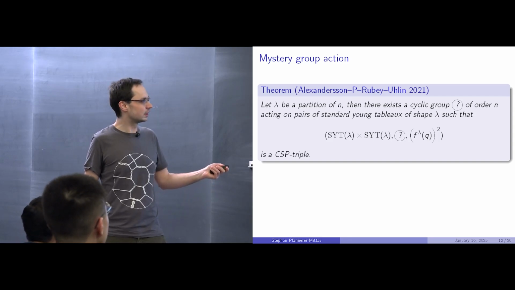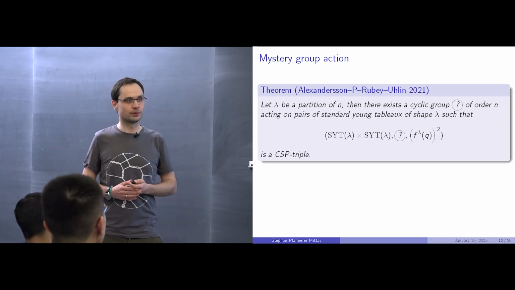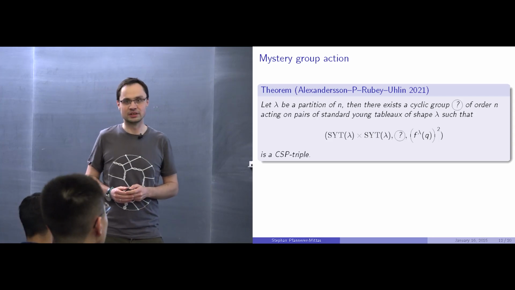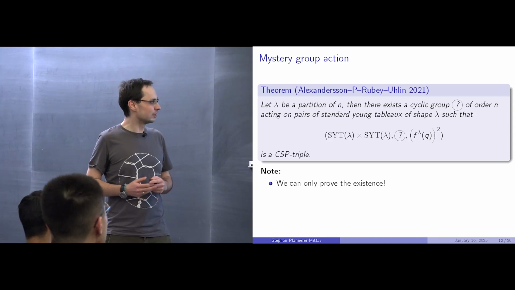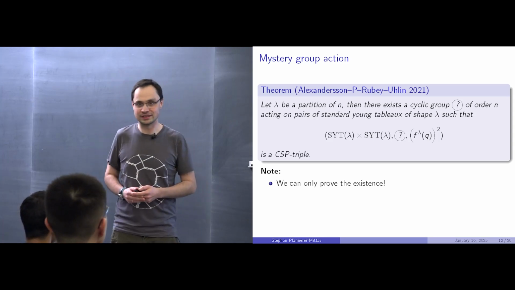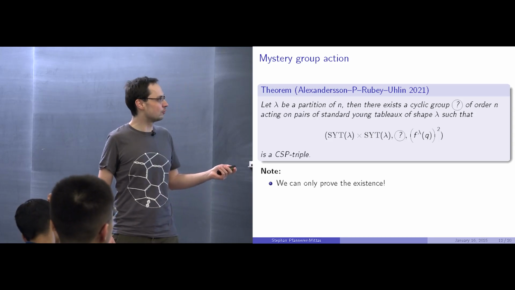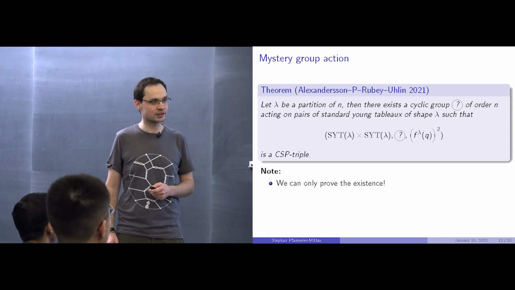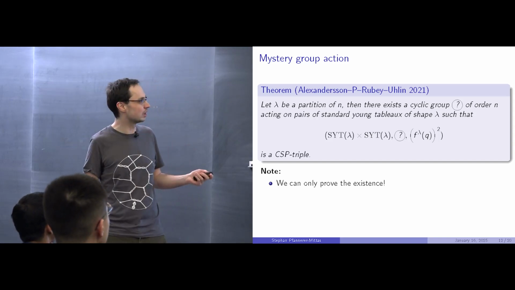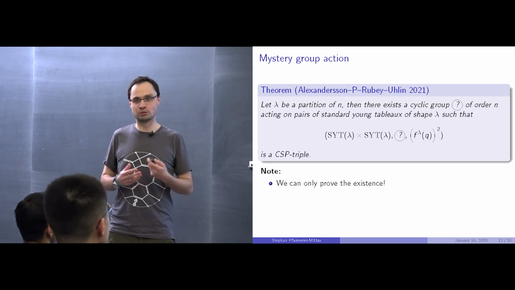So we have pairs of standard Young tableau of the same shape, we have some unknown group action, and we have our f lambda in here squared. And I really need to say we can really only prove the existence. For some hook shapes, we are able to construct such a group action in some nice way. And for lambda being rectangular, you can use promotion.